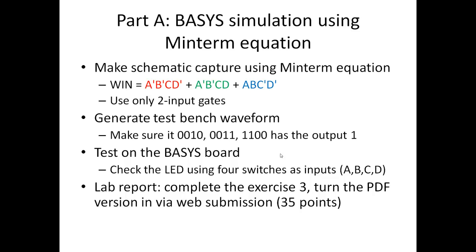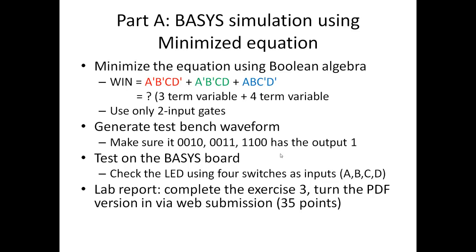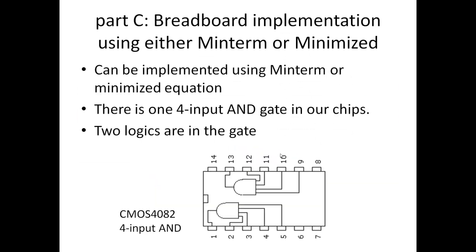Your part B is going to be the same schematic capture. You will be transferring it to a Basys 2 board by creating a bit file. These steps are again clearly explained in your lab manual. Please read it. The last step is you will be implementing the circuit on a breadboard. Please remember, we don't have many 4-input gates. We have only 2 4-input AND gates in the supplied chip bag.